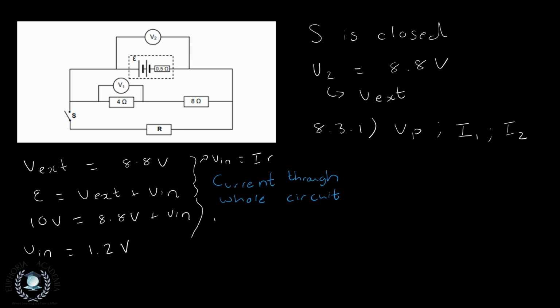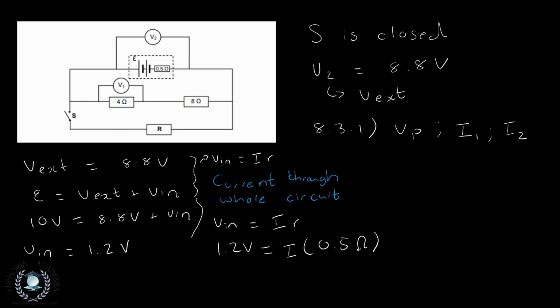So as stated earlier, our V internal is our total current multiplied by our internal resistance. We know that our V internal is 1.2 volts, which will be equal to a current multiplied by 0.5 ohms.